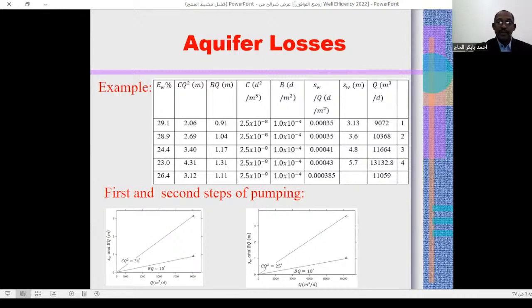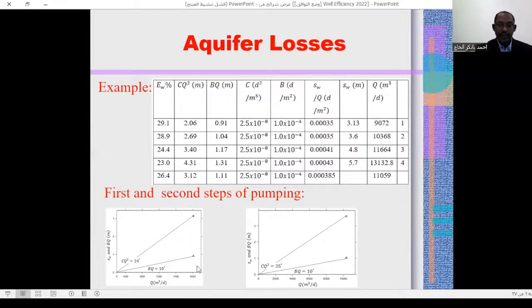The first method plots the total drawdown or BQ aquifer losses vertically against the quantity of pumping well for this diagram, and the second pumping is shown in this diagram. After that, measure the angle between horizontal and the line for BQ.